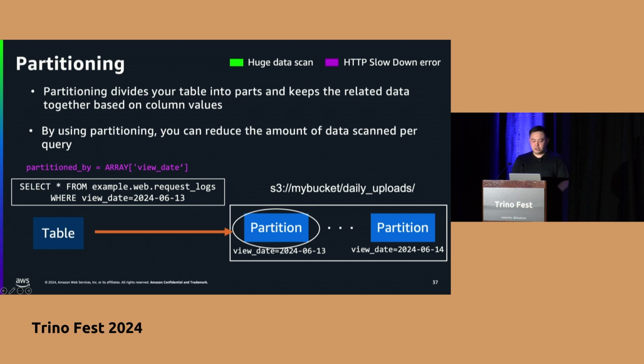So if you define the partition column when creating a table, you can restrict the amount of scanned data by using the partition column in the where clause of the query. In this case, Trino only reads partitions where view date is equal to 2024 June 30th. So you can skip irrelevant data when querying the table.